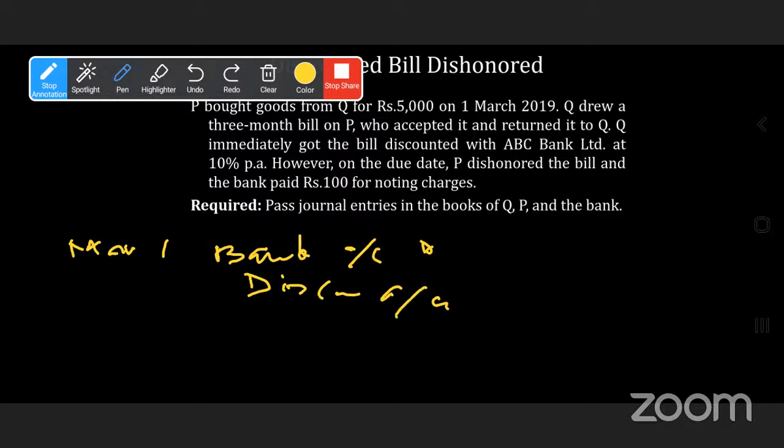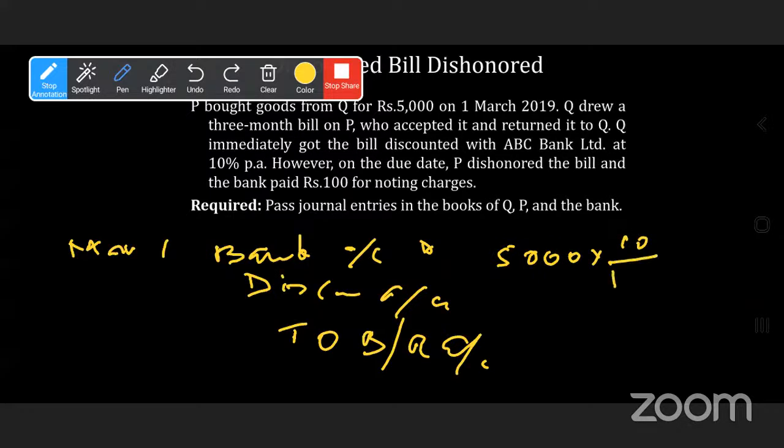How much is the discount? 10% per annum. Calculate the interest: 5,000 into 10% into 3 by 12.